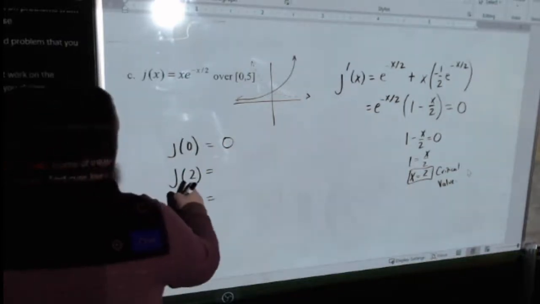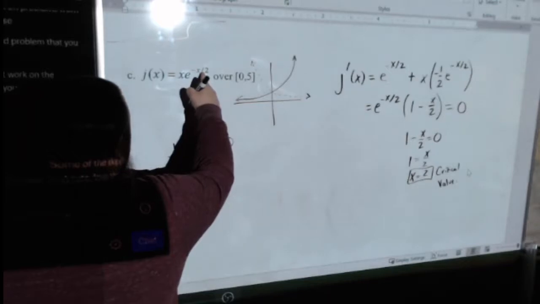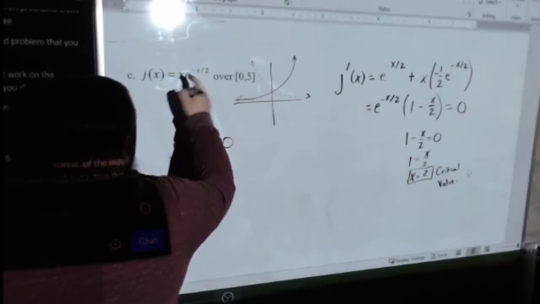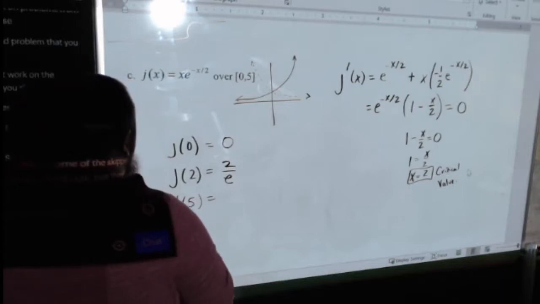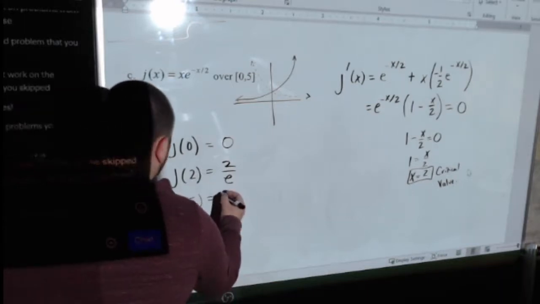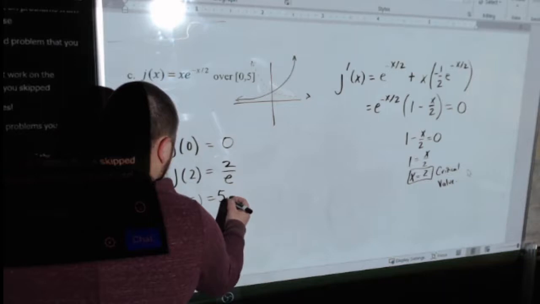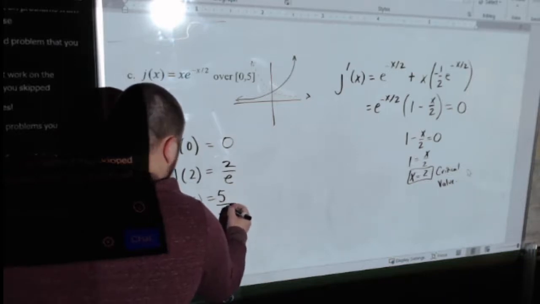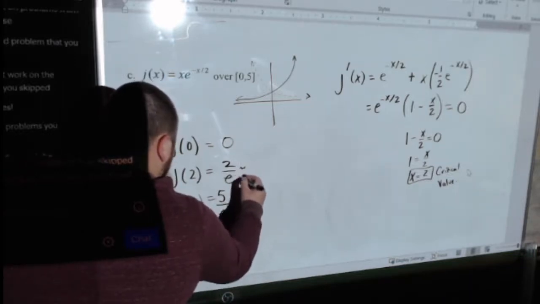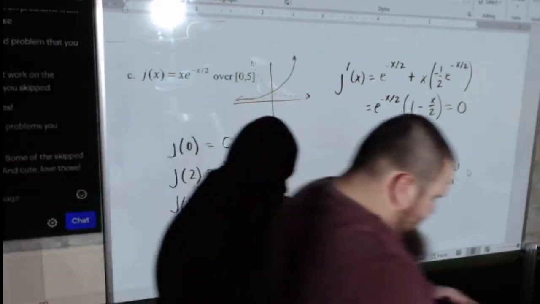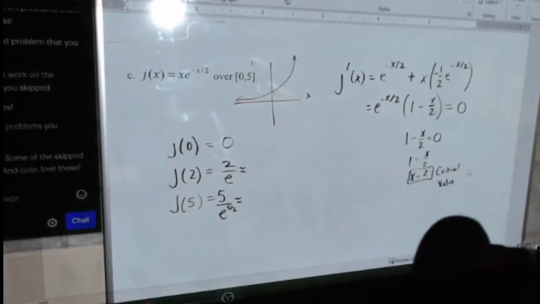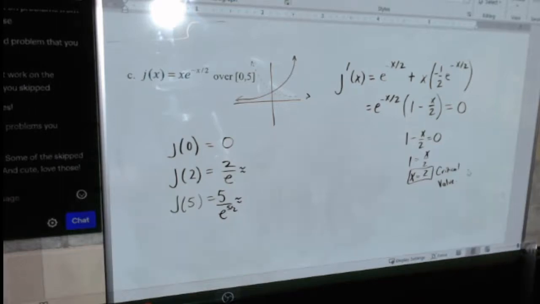Actually, this isn't too bad. If we plug in 2, right, this is e to the minus 1. So we get 2 over e. And then this one's going to be 5 over e to the 5 halves. So if you could give me some decimals for those, or I can calculate them real quick. As soon as I locate my calculator, here we go.